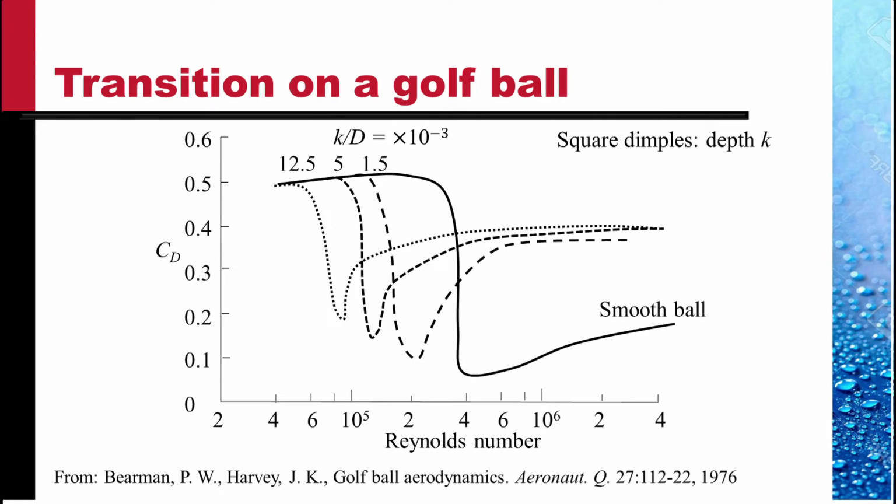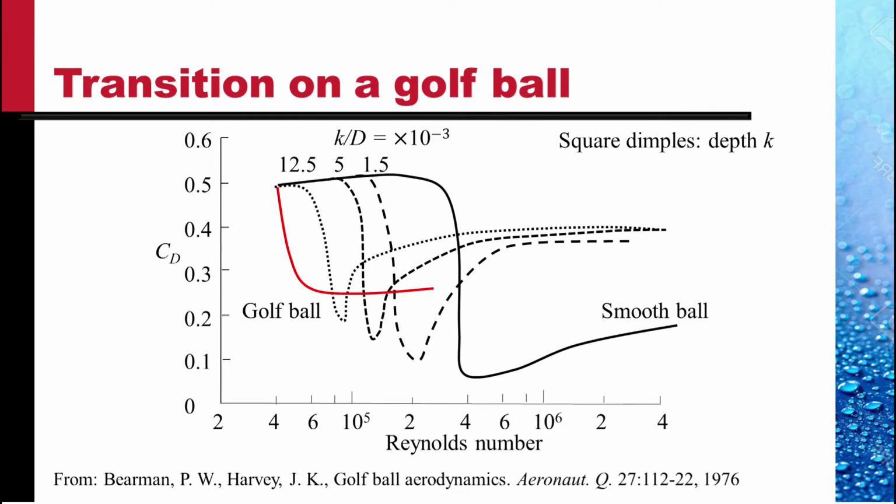With slightly deeper dimples, it shifted down further. And at K by D of 12.5 into 10 to the minus 3, the transition is occurring at about 8 into 10 to the power 4. So the depth of dimples affects the transition point. On an actual golf ball, if you measure, the transition takes place at about 4 into 10 to the power 4.